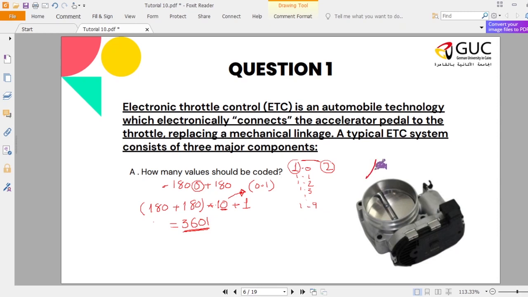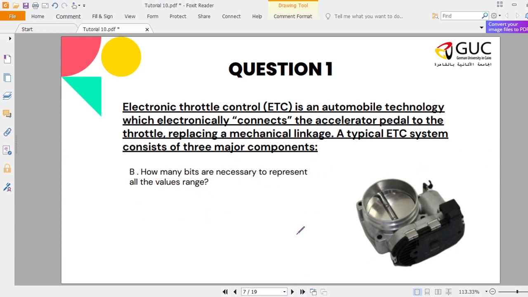Okay, we need to remember that the values that we get from the throttle are analog, right? And whatever we have is going to be decoded in digital. Okay, that's a side note. So the total number of values is 3601. Going to the next question, it says how many bits are necessary to represent the range that we just calculated, which was 3601.